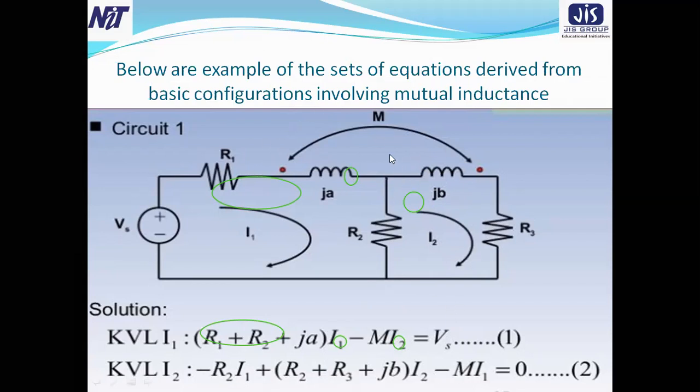So it is also minus because the dot convention is in the opposite direction, and that equals 0. So that is equation 2. Now move to the next slide.